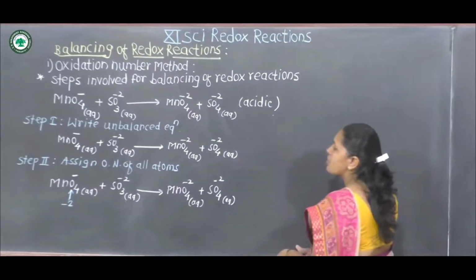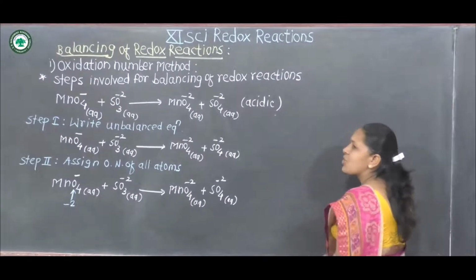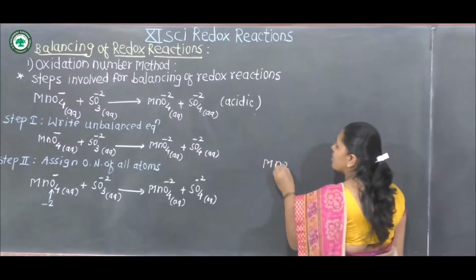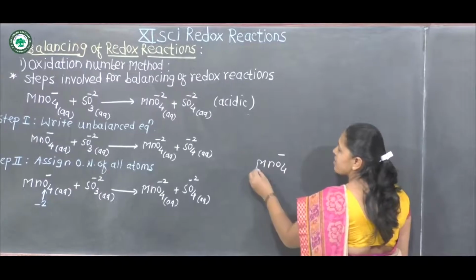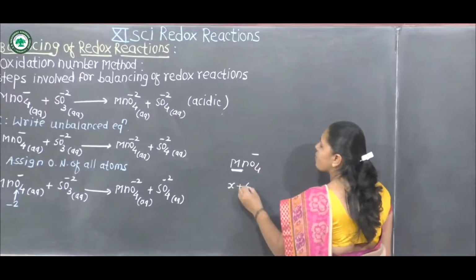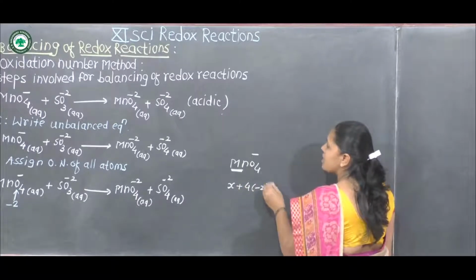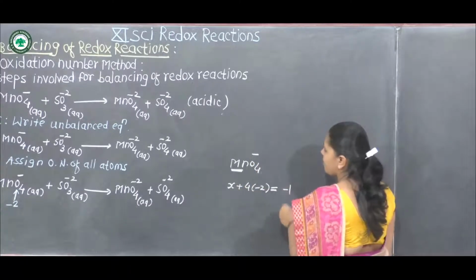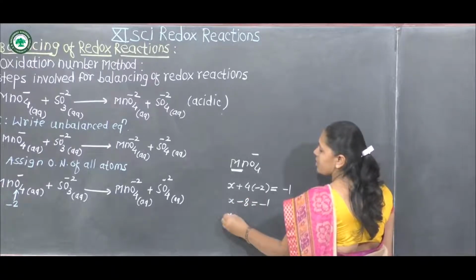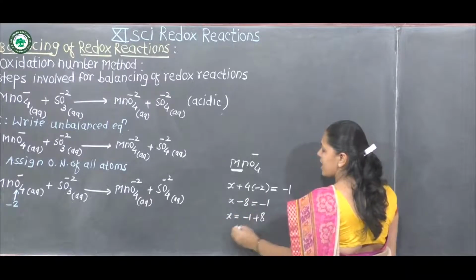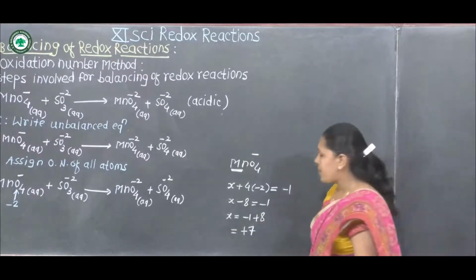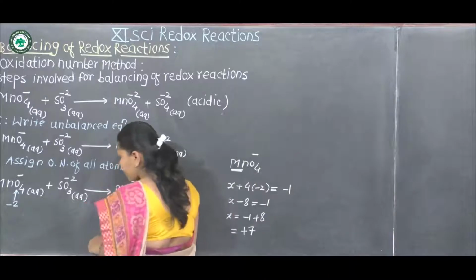Suppose the oxidation number of Mn in MnO4- is X. With 4 oxygen atoms, 4 multiplied by minus 2 plus X is equal to the charge on the molecule. X minus 8 is equal to minus 1, X is equal to minus 1 plus 8, that is plus 7. So the oxidation number of Mn is plus 7.